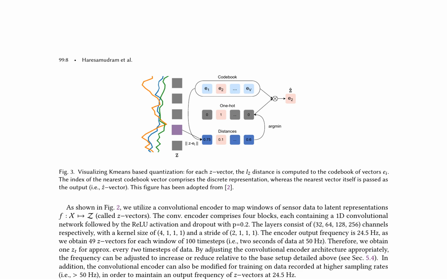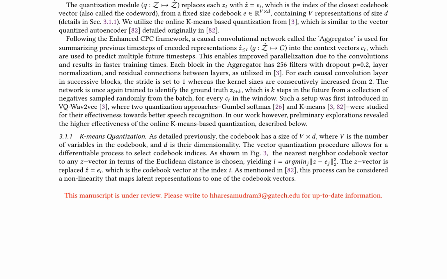This process can be considered a nonlinearity that maps latent representations to one of the codebook vectors. Online k-means-based quantization is used, which is similar to the vector quantized autoencoder. The quantization module replaces each latent representation with the index of the closest codebook vector, and the aggregator summarizes previous quantized representations into context vectors used for predicting multiple future time steps.